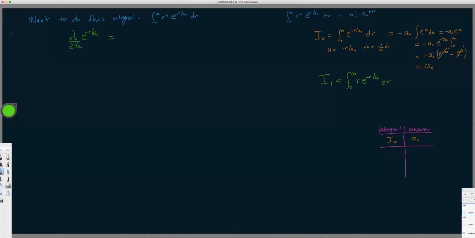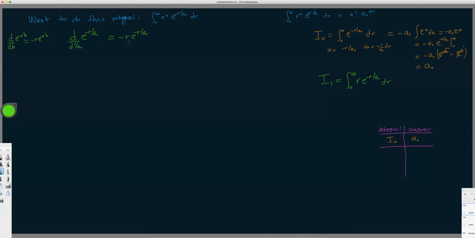Then we would have d db of e to the minus rb, and the derivative of this function with respect to b would just be minus r e to the minus rb. Same thing here: the derivative with respect to 1 over a naught is minus r e to the minus r over a naught.